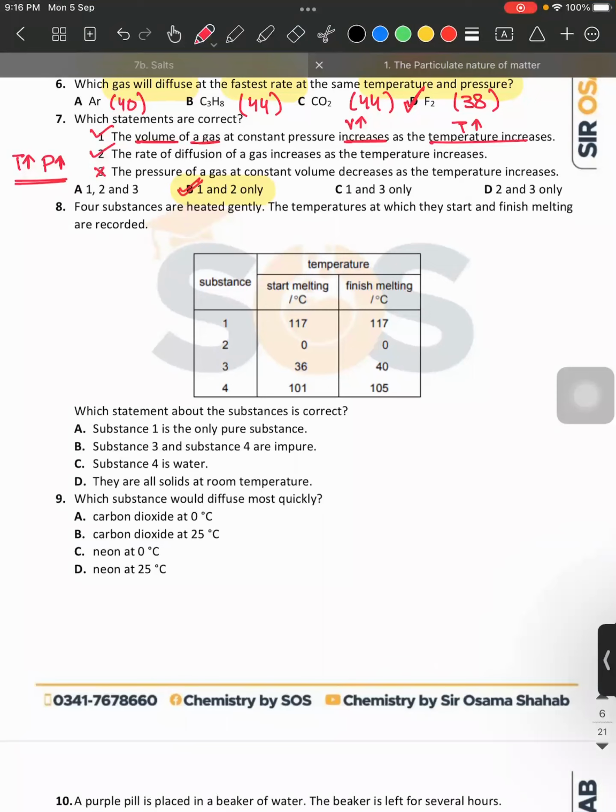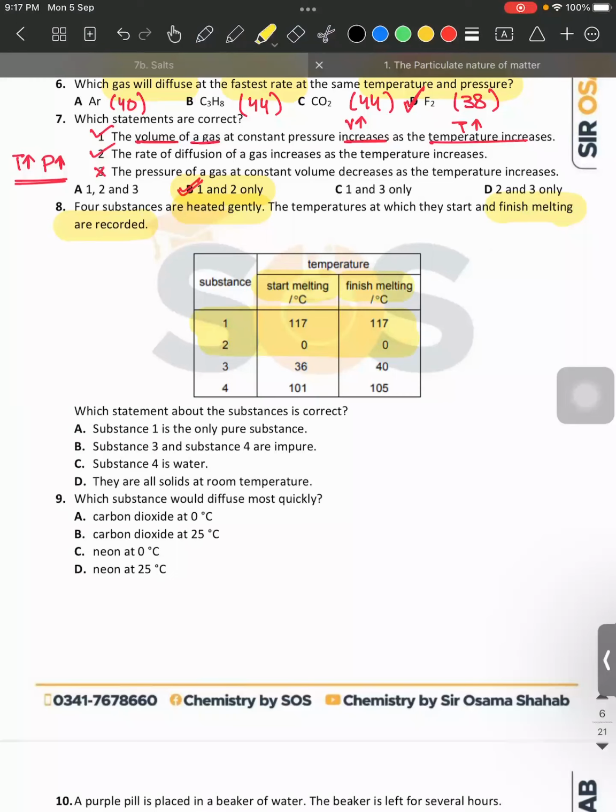So let's check what the question is saying. The question is saying, bacho, that 4 substances are heated gently. The temperatures at which they start and finish melting are recorded, right? So this is the start melting temperature and this is the finish melting temperature. So just look over here. These two substances melt at a fixed temperature, right?